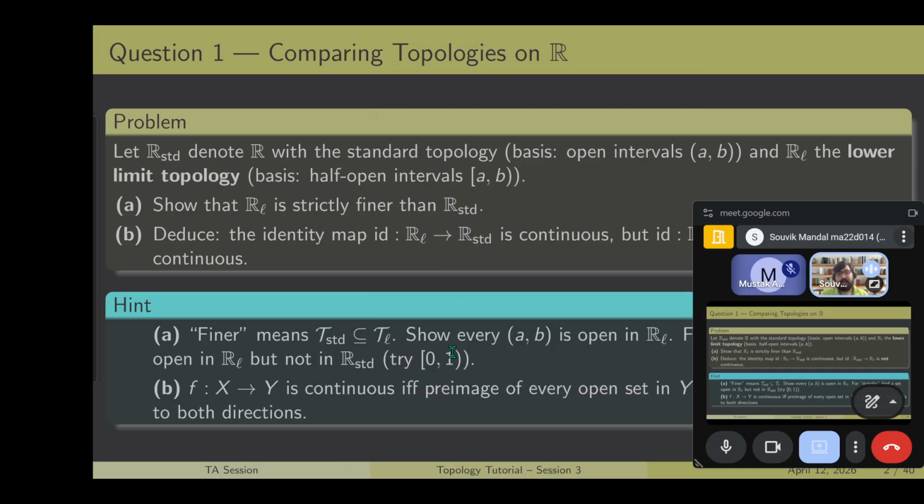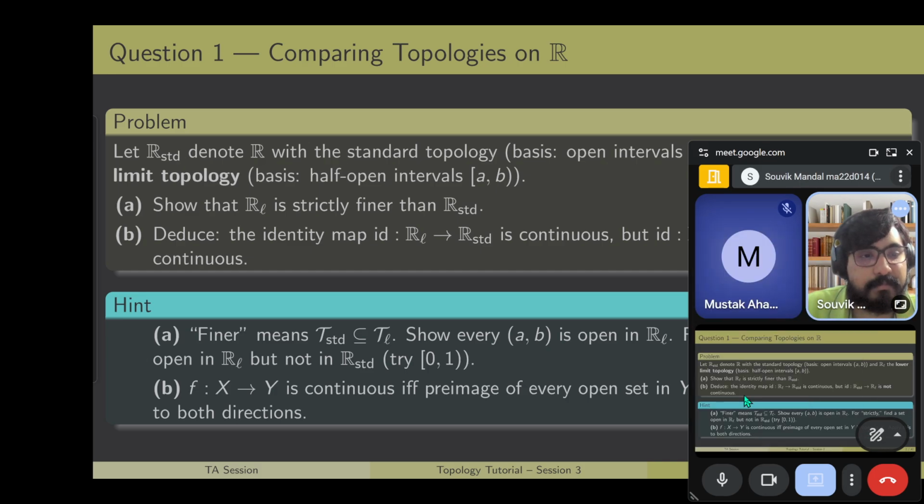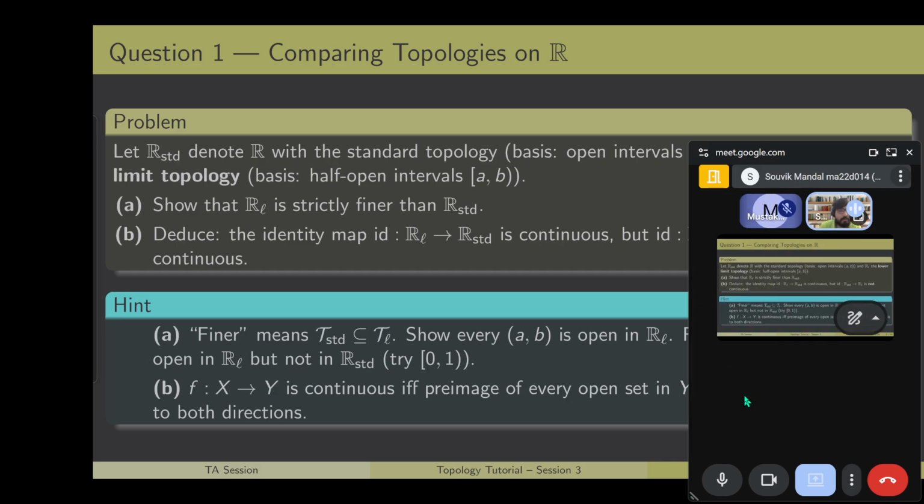First, finer means that we need to show the standard topology is contained in the lower limit topology of R. Secondly, for the second problem, the definition of continuity is that the pre-image of an open set is open.